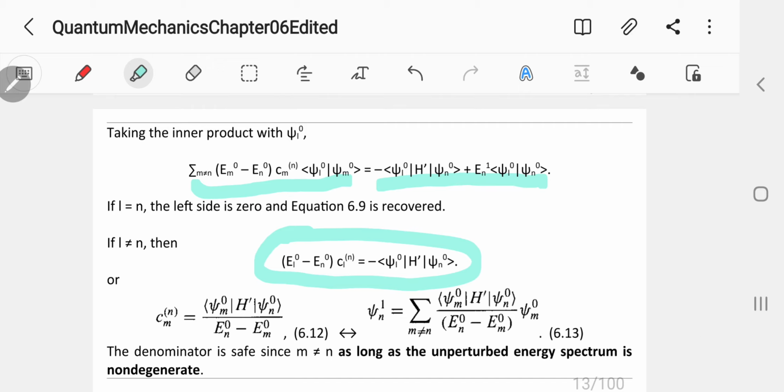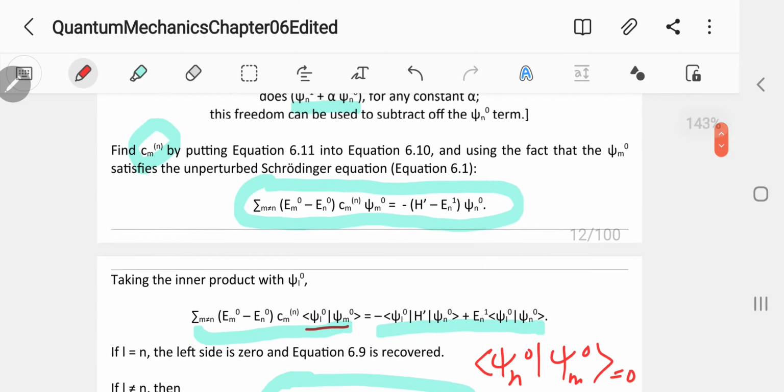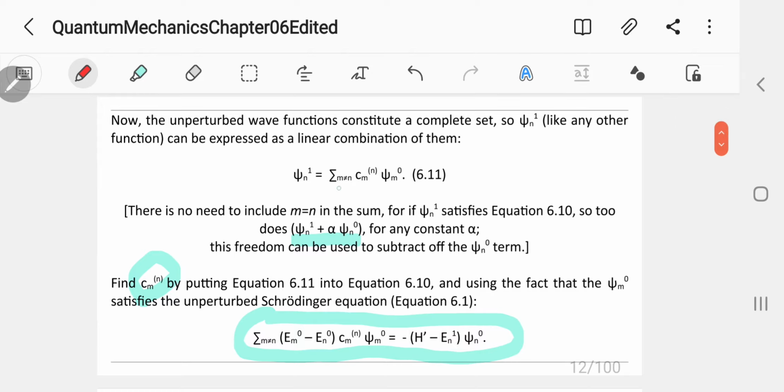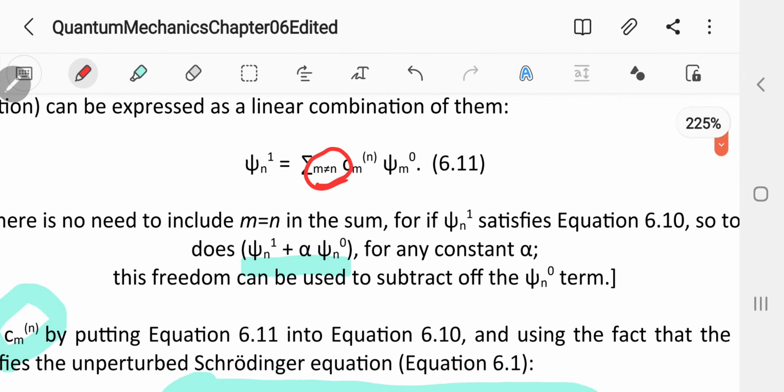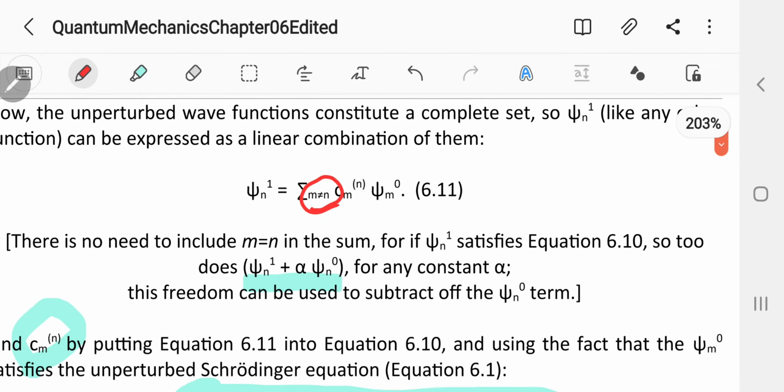Now, of course, if l is equal to n, then for this part of the equation, that would be phi_n^0, phi_m^0, and this is always 0 because n is not equal to m, as we have set here. Not m is not equal to n.